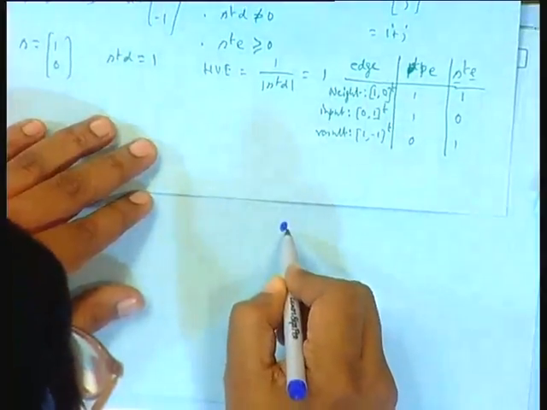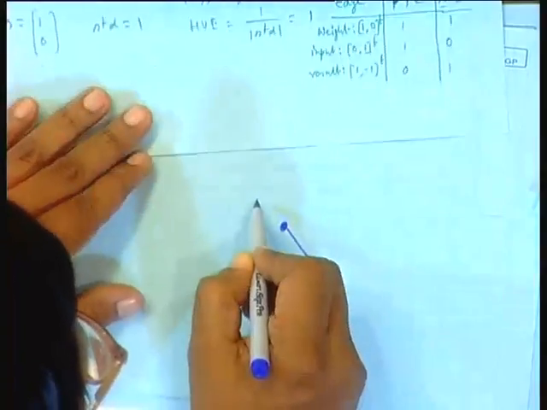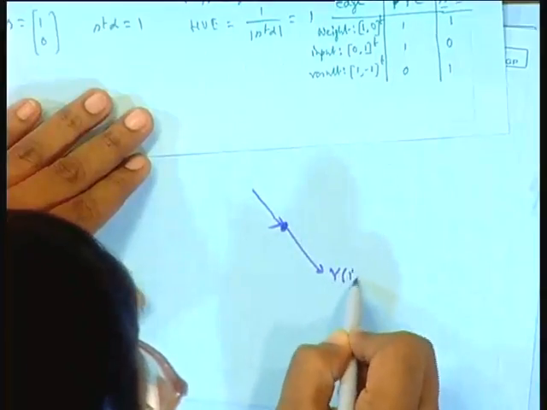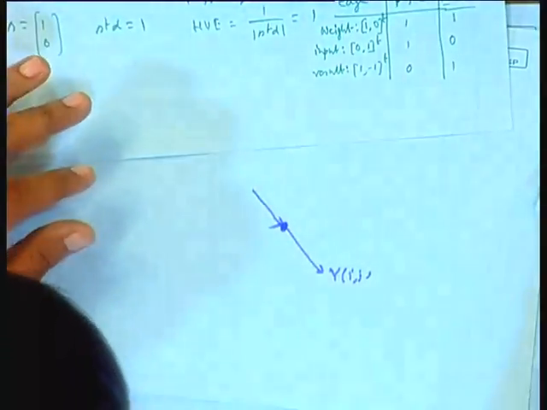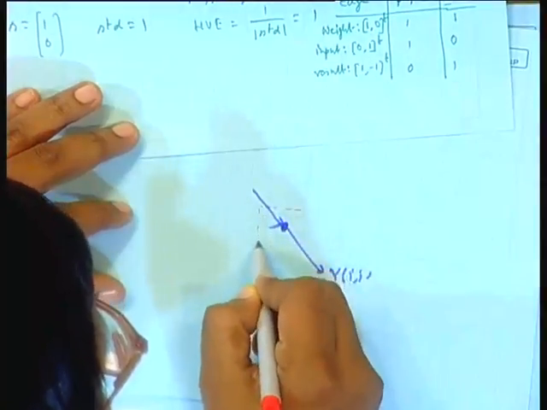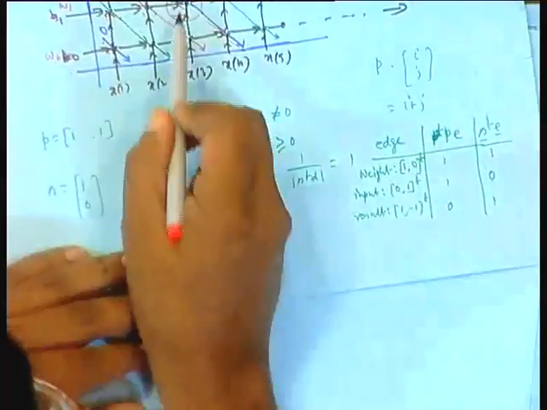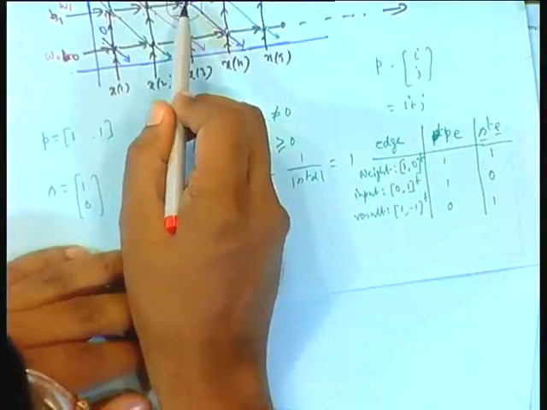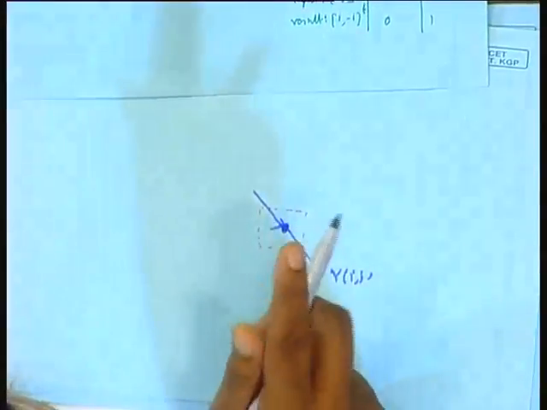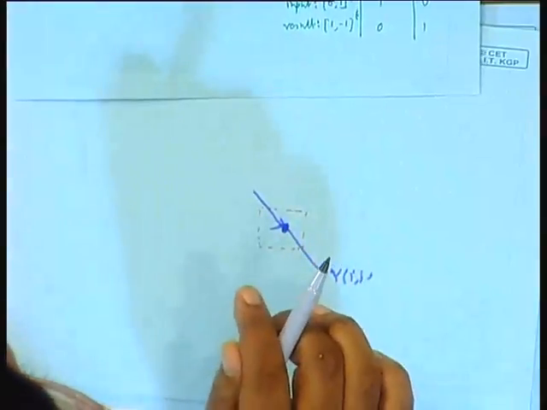As though there is one processor which goes like this. Of course, it takes output y of i comma j, fine, but along with that I draw a box as though this node i comma j, this entire thing, is in a box. So this entire box is at the coordinate i comma j.